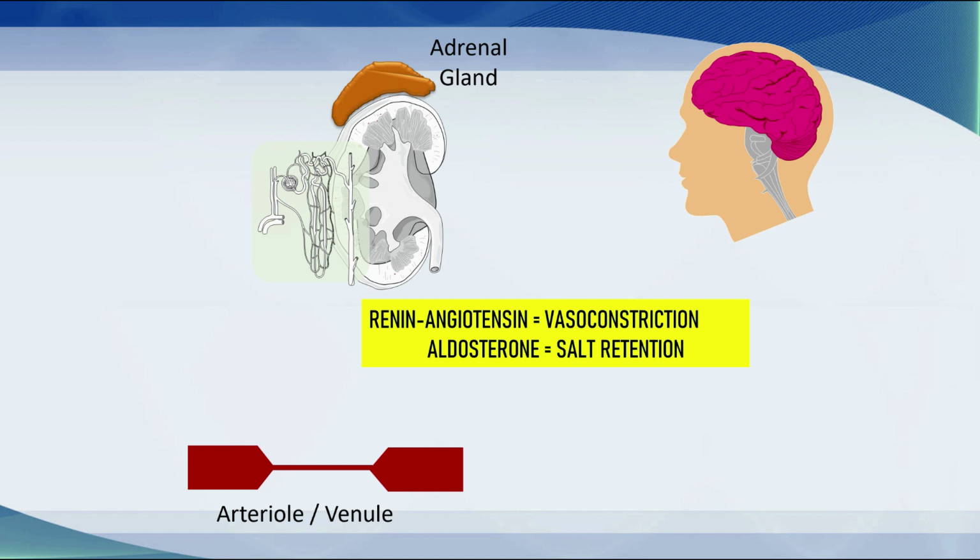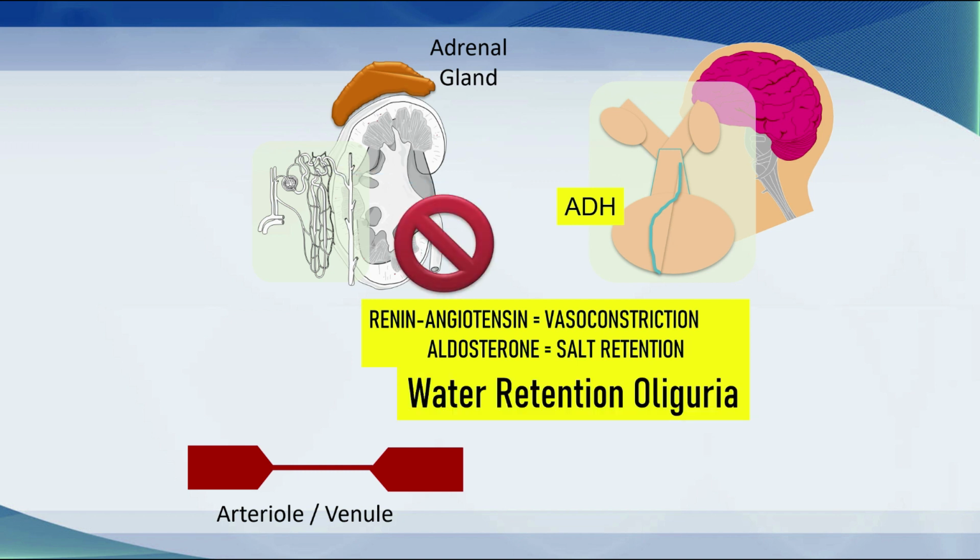That causes vasoconstriction, and then of course aldosterone is activated, causing salt retention. Once the osmolality of plasma goes up, the brain recognizes this through osmoreceptors, and antidiuretic hormone or vasopressin is released from the pituitary gland, and the effect of all of this is to reduce urinary flow and to retain water and salt.